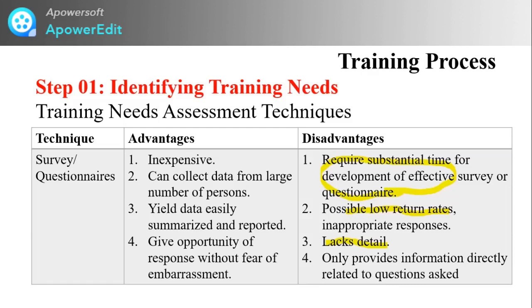It only provides information directly related to the question asked. Workers are not giving any other details. Sometimes we have to use other details to identify the training needs, but in this method there is a disadvantage: the information is relevant only to the questions. Without the question, there is no information beyond the questions.